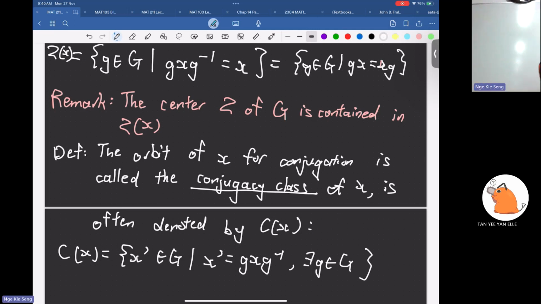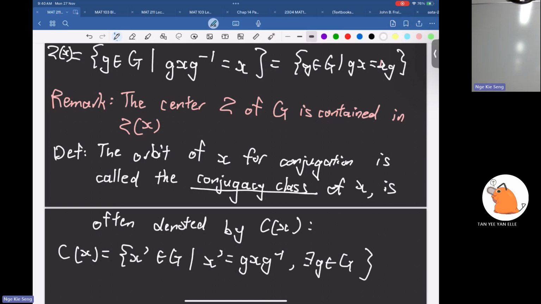So for example, in your linear algebra, how is A similar to a diagonal matrix? If there exists a P such that, sorry, what's the notation you use, A equals PDP inverse, right?